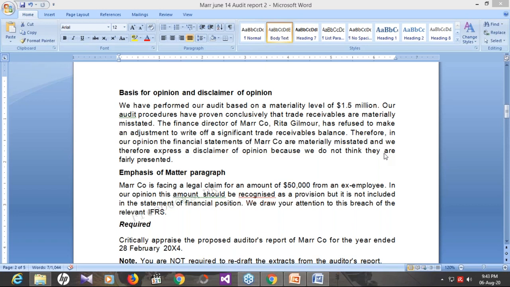You need to consider that we qualify our opinion on the basis of materiality. As it is immaterial, we don't need to discuss that matter in the opinion. With regard to the emphasis of matter paragraph, we only discuss things that are fundamental for the understanding of users. An immaterial thing cannot be fundamental for the understanding of the user, so we can skip them.